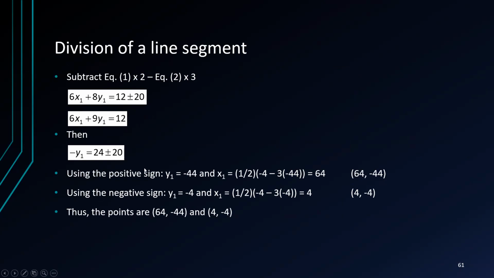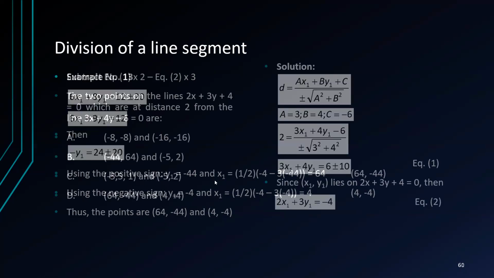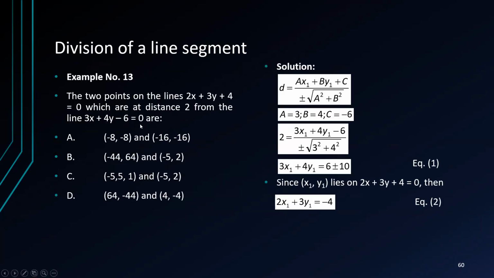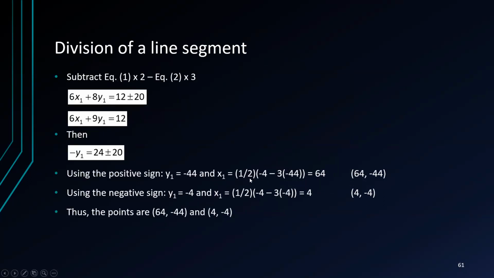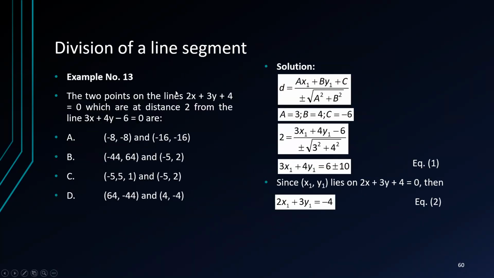So using the positive sign, y1 is equal to negative 44 and x1 is 1 half of negative 4 minus 3 times negative 44, is 64. Using the negative sign, y1 is negative 4 and x1 is 1 half of negative 4 minus 3 times negative 4 is 4. Saan to galing yan? Ito. X1, ito, yan, di ba?